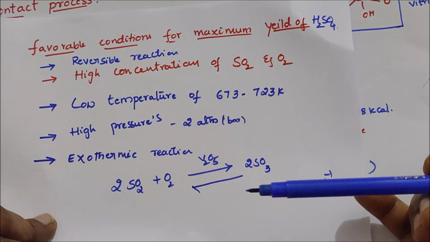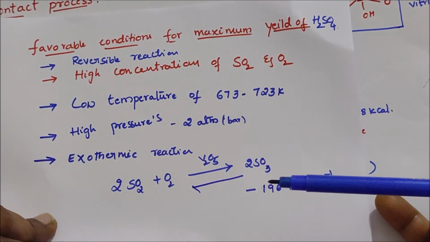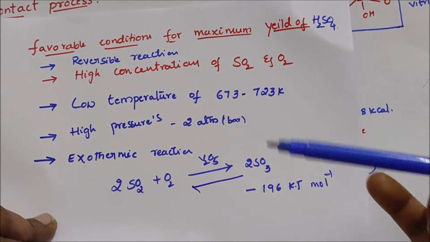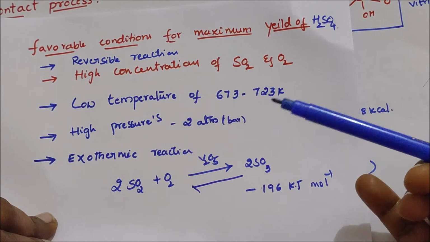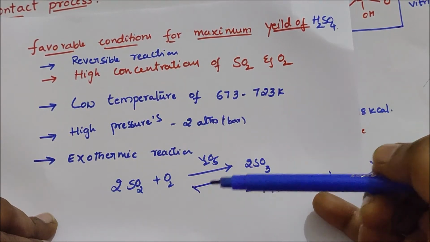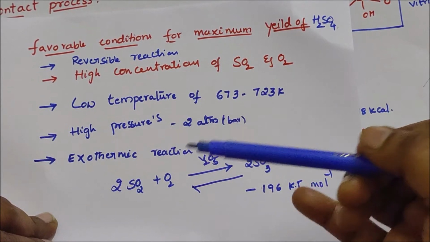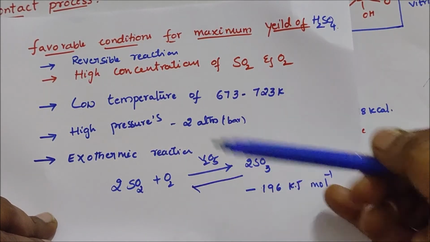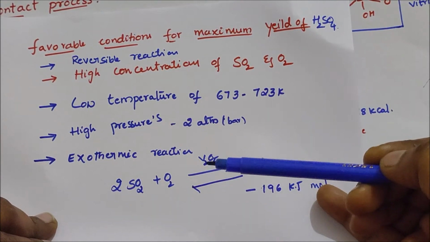In this reaction, low temperatures are favorable for the formation of sulfur trioxide, that is 673 to 723 kelvins, and high pressure is required, that is 2 atmospheres.